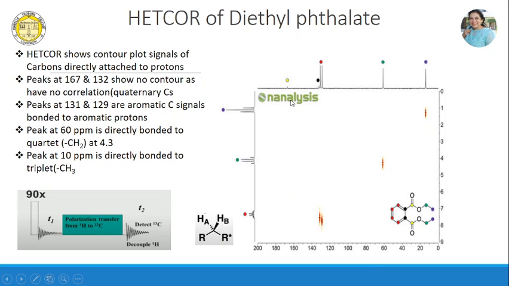The two things more which I wanted to tell you: if you see in a HETCOR experiment that under one carbon atom there are two correlations or two lines, what does that mean? That means on that one carbon atom, two different protons are attached, and this is a case of diastereotopic protons like I have made here. These two protons are diastereotopic, and you must be remembering, when do the protons become diastereotopic?